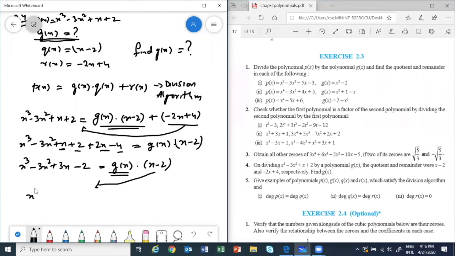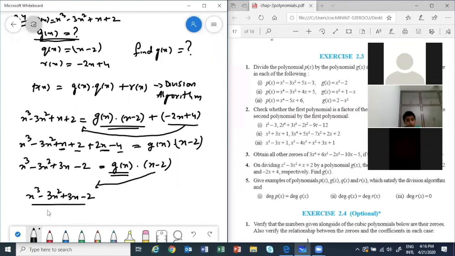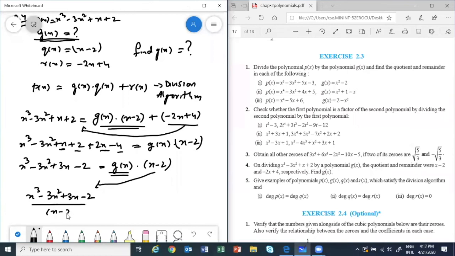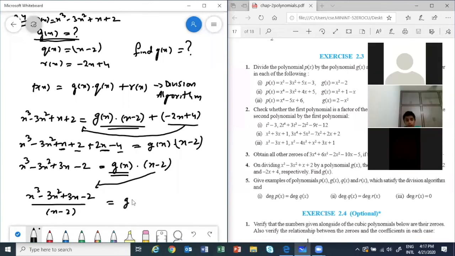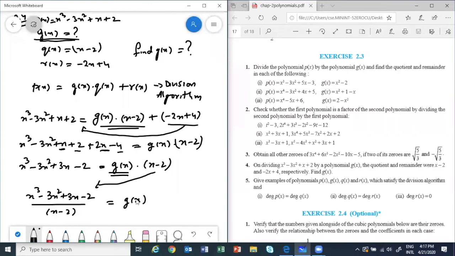So what will happen? x³ minus 3x² plus 3x minus 2 whole divided by x minus 2 will give you g(x). See, these last questions, third and fourth, are important questions. Okay, students? After this, what to do? We have to divide. Now to find g(x), we need to divide.